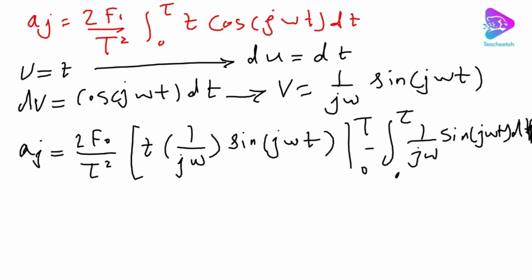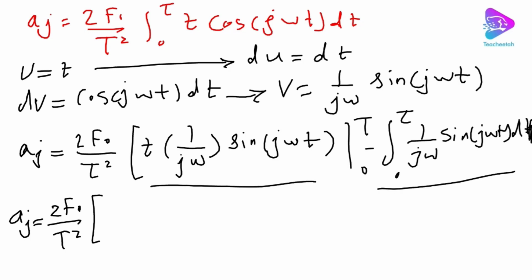So we get aj equal to 2 f0 tau squared. If I plug in the upper bound and lower bound and simplify, we have two parts in here, and this part is pretty easy to find the integral because we only have a sine function.